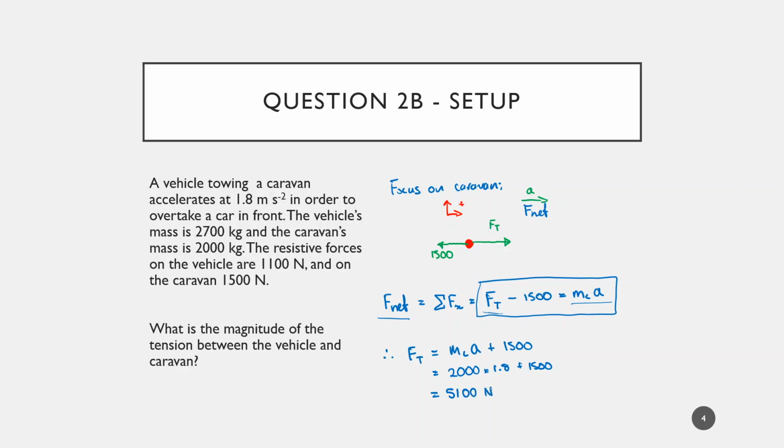So in order for the caravan to be accelerating towards the right, it needs to have some net force pointing towards the right. The only way that could happen is if this tension force here was much larger than the resistive forces. We've now worked out that the size of this tension force is 5,100 newtons. It is larger than 1,500, so therefore it will experience an acceleration towards the right.